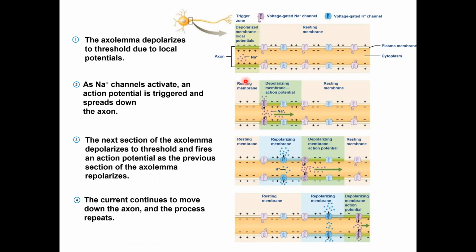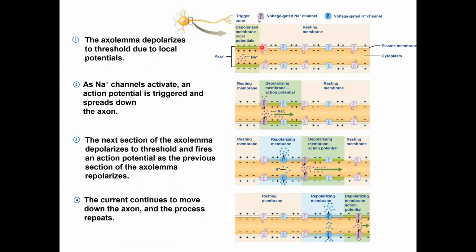But if we reach minus 55, from minus 70 to minus 55, then the voltage gated sodium channel opens. So sodium rushes in, and the sodium diffuses along the axon and opens the next voltage gated sodium channel.